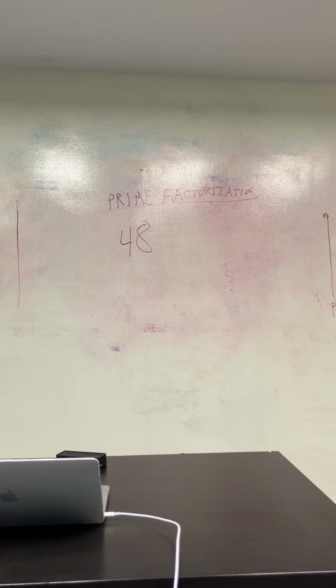Let me see. It has to come out the same, so I'm looking to see what is different. Oh, I see what happened. So 2 times 12 is 24. So this should just be a 2, not a 6. I didn't notice that.